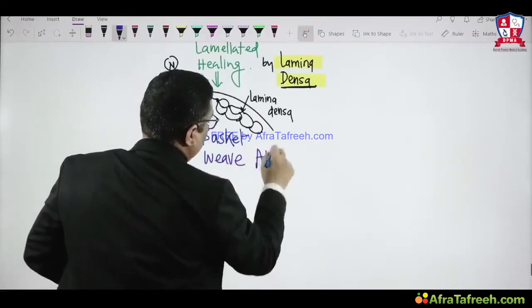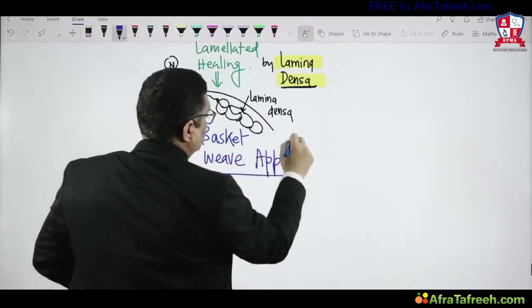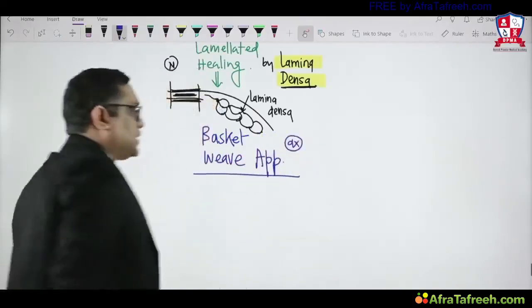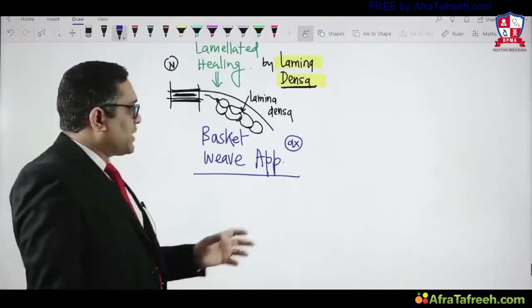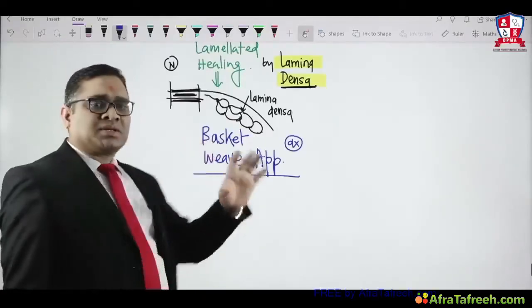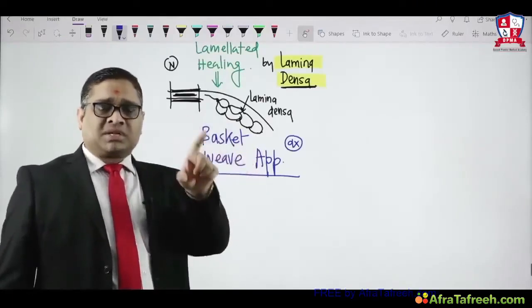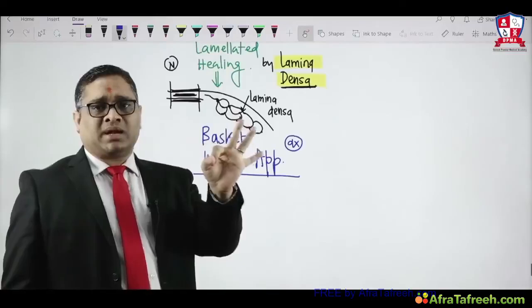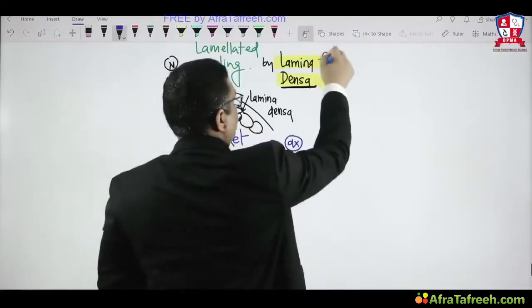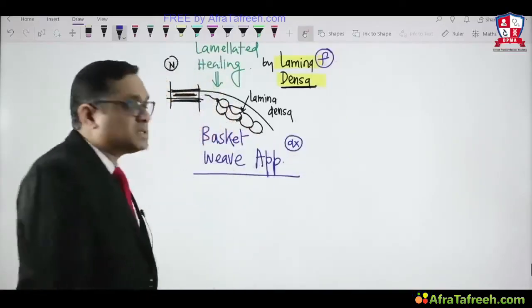Basket weave appearance is diagnostic of Alport syndrome on electron microscopy. The question may be: the basket weave appearance is due to lamination by which layer of the basement membrane? Lamina rara interna, externa, or lamina densa. That is how a future question may be asked, and we have to be prepared for this, right?